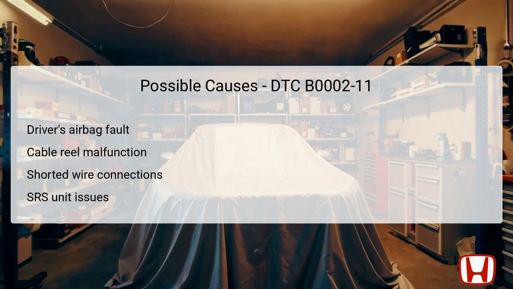Another possibility is a malfunction within the cable reel, which may fail to maintain a proper connection due to wear or damage. Shorted wire connections, specifically between the airbag inflator and the SRS unit, can cause the system to detect an improperly grounded circuit, triggering the DTC.